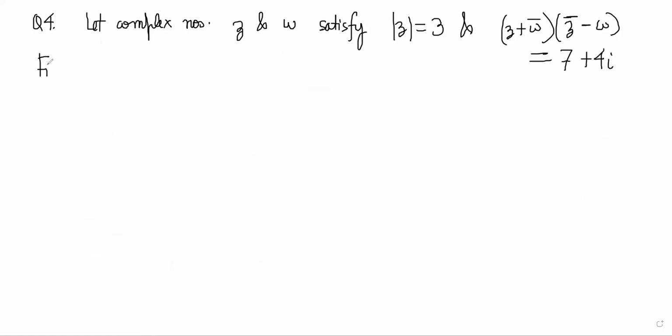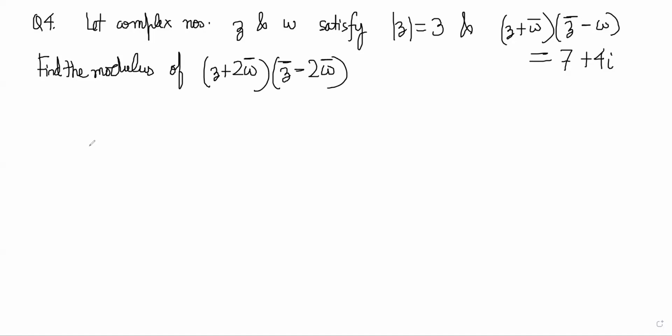We have to find the modulus of (z plus 2w conjugate) multiplied by (z conjugate minus 2w).